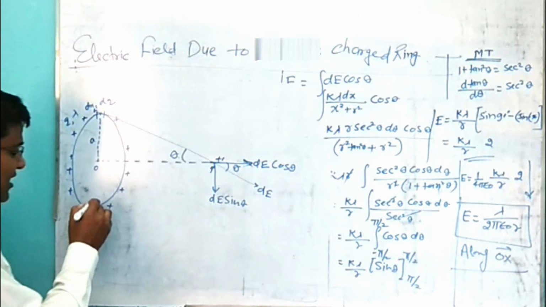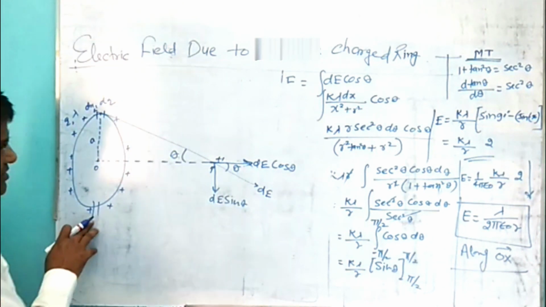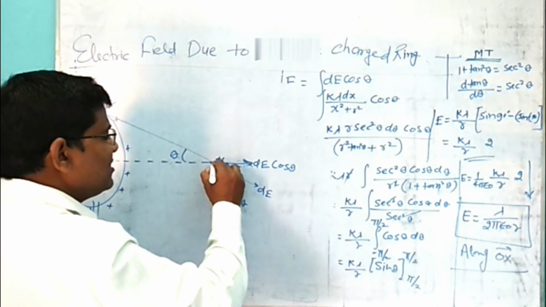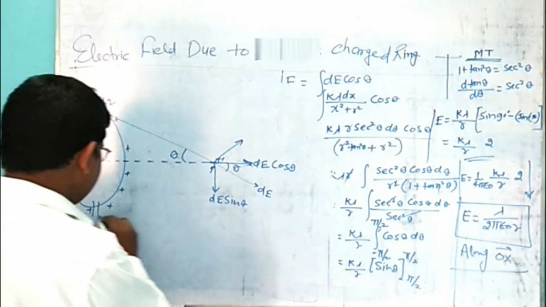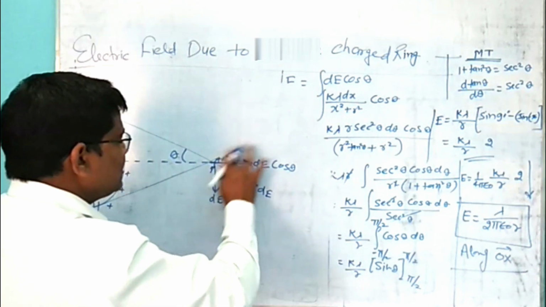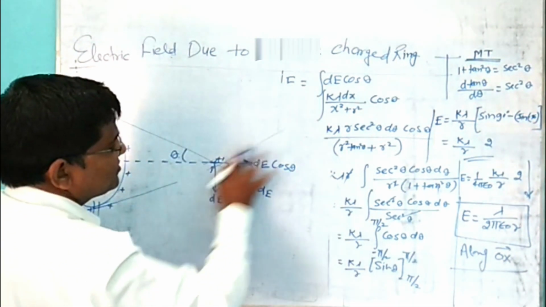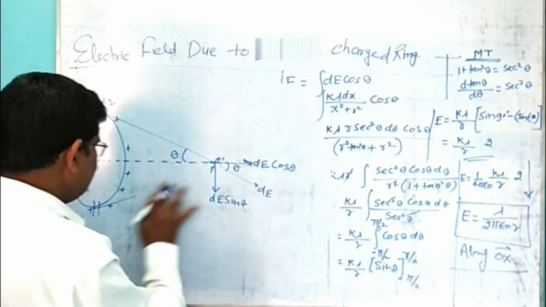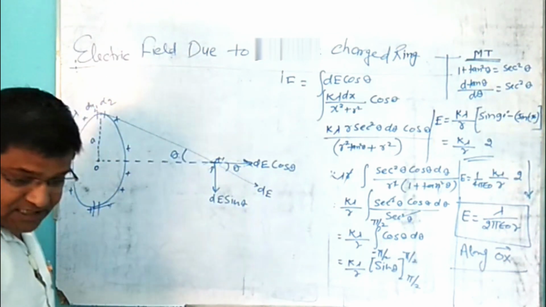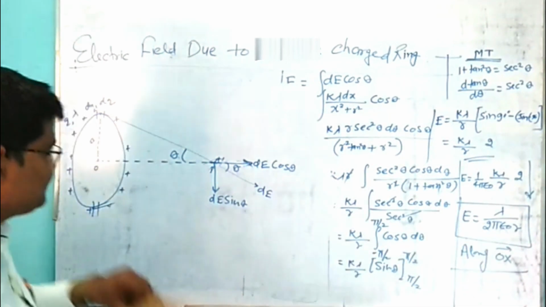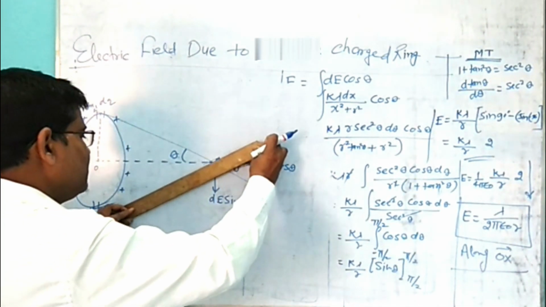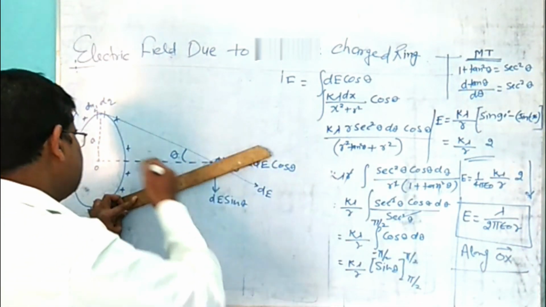And if you consider another section like this, then again this one is the electric field in this way. I am using a scale to draw this.